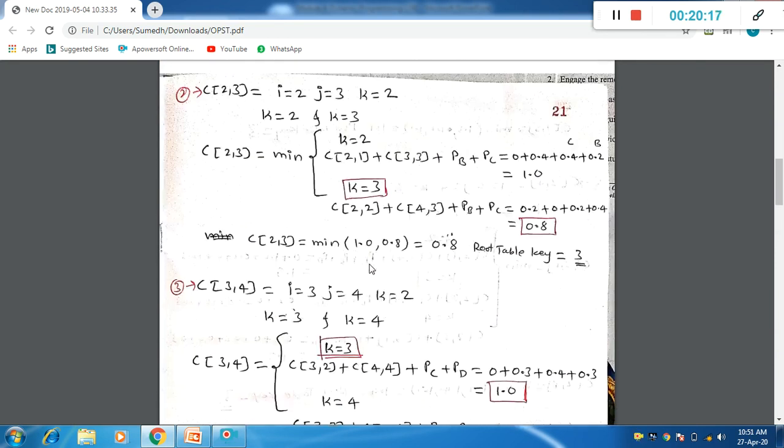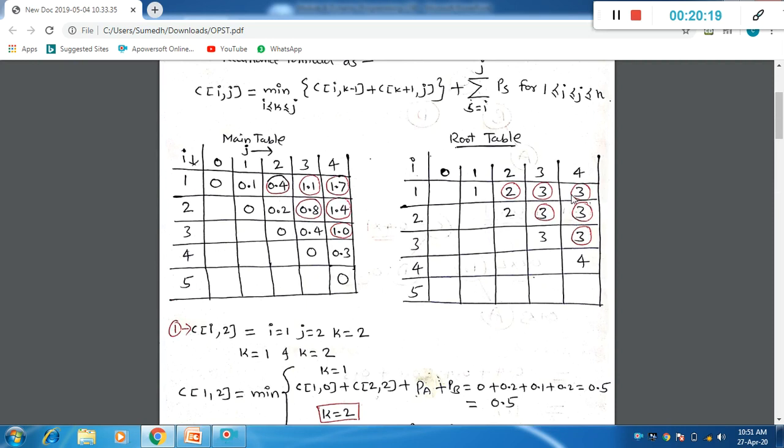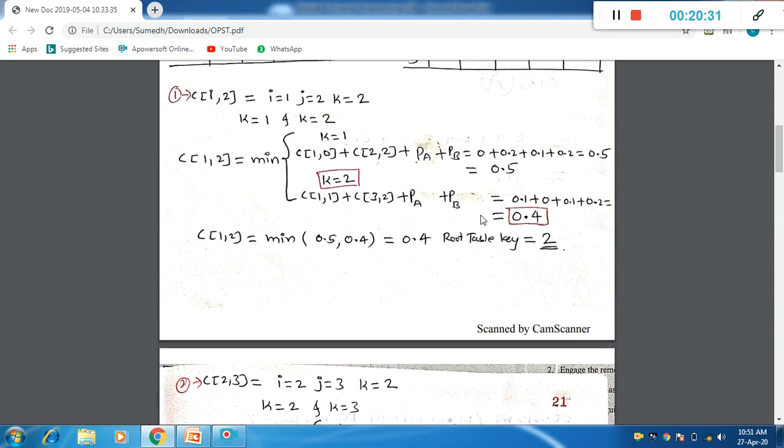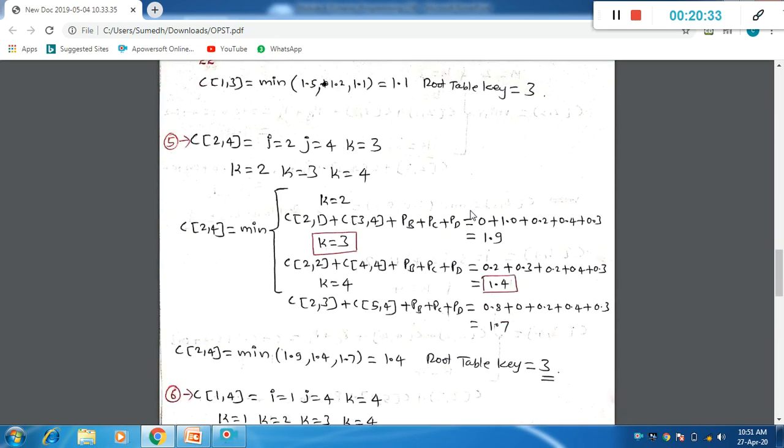Then let us take an example by considering this key element 3 or the key C as the root element, and you have to generate the optimal binary search tree as shown in this below example.